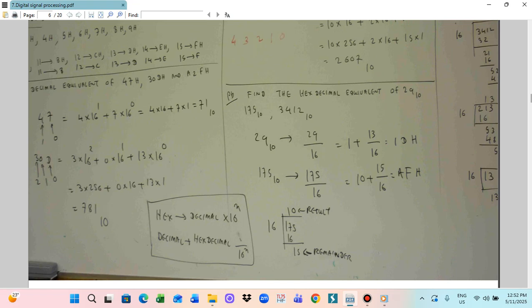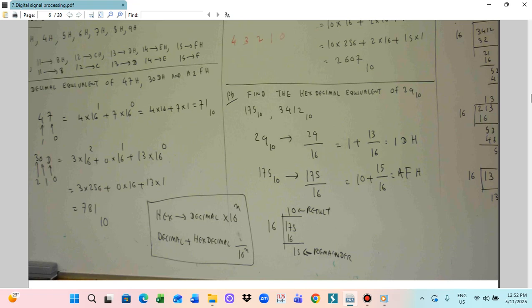So the result is 1 and the remainder is 13. Result 1 you write as 1. Remainder 13, as you see here, is the same as D. So there will be 1D. To indicate hexadecimal, at the end you put the H. So 29 base 10 is equal to 1DH.